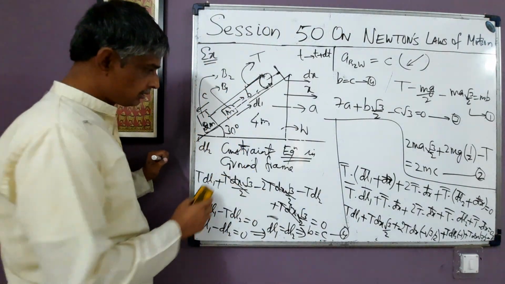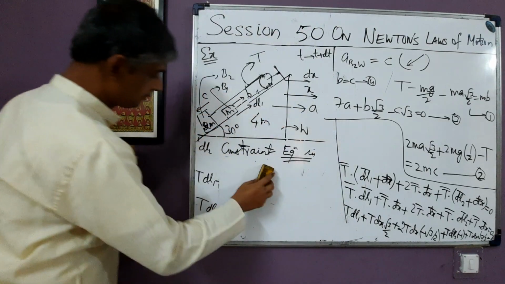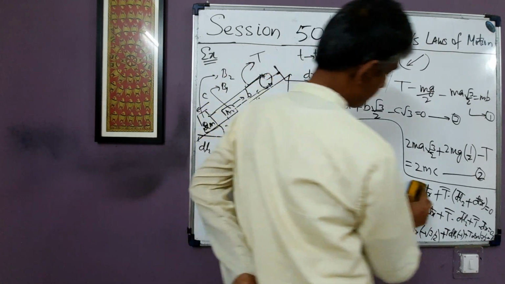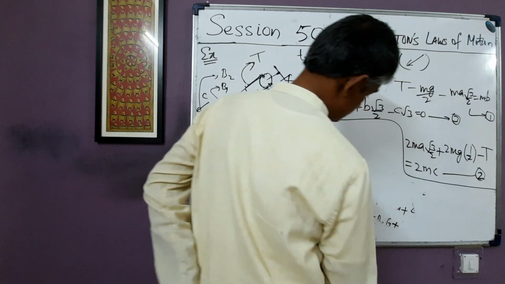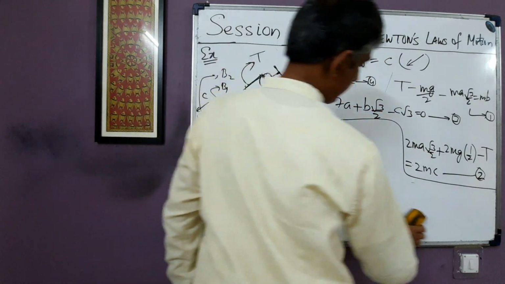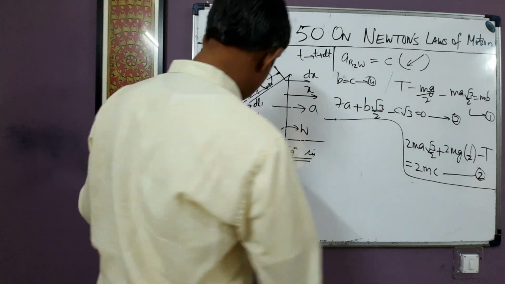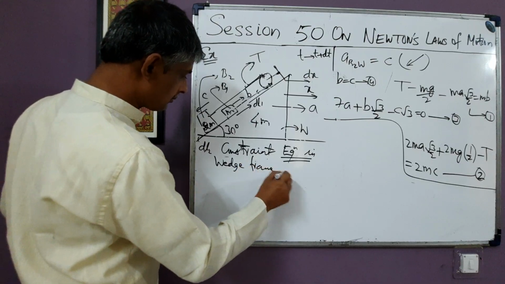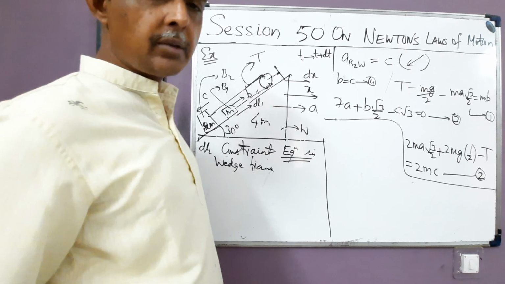I'll rub this one out. Now the constraint equation in wedge frame. In this, the sum of work done by string on all bodies in the wedge frame adds up to 0.